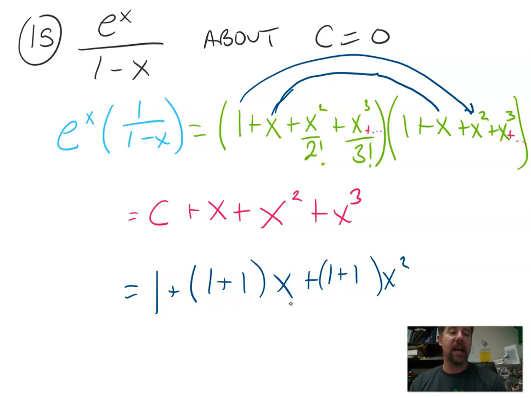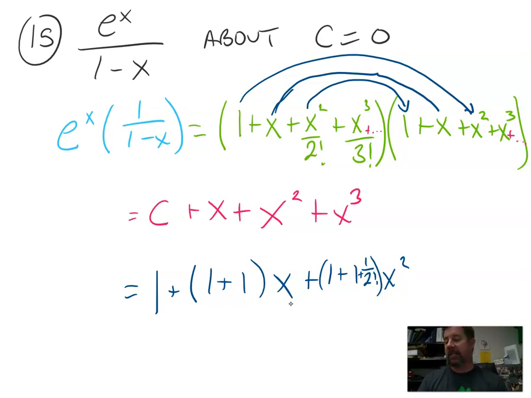And then x squared times 1 would give me an x squared, which is 1 over 2 factorial. So 1 plus 1 plus 1 over 2 factorial would be all of my x squared terms, and those 3 I'm going to add together to give me that 1 term.